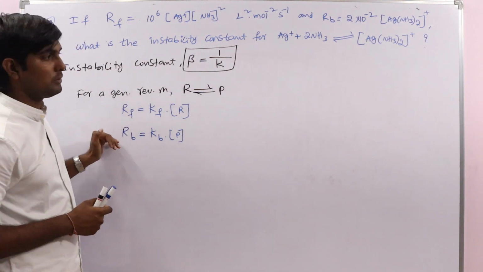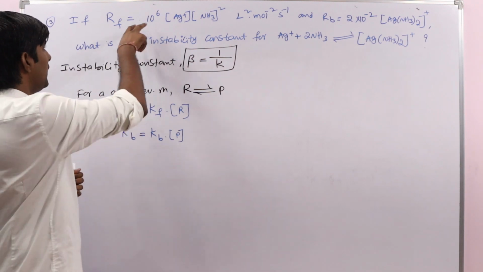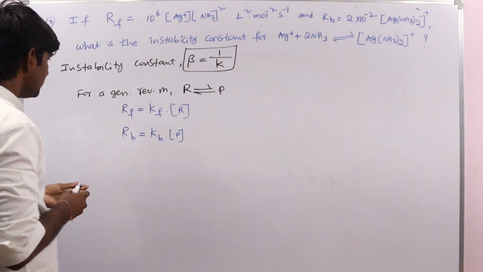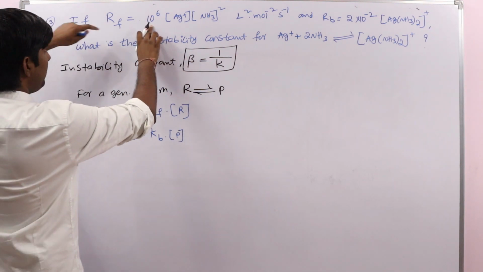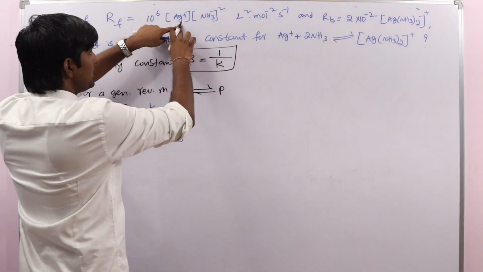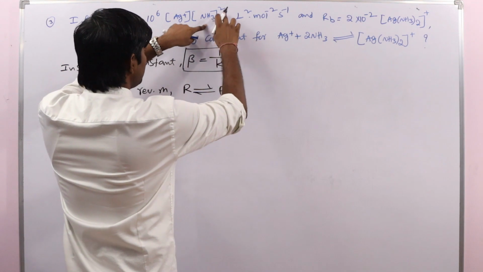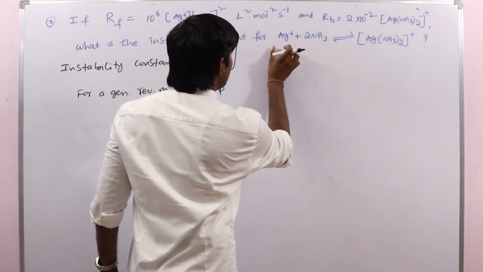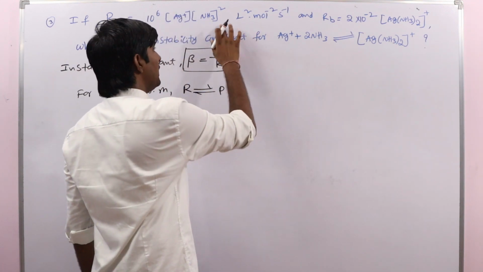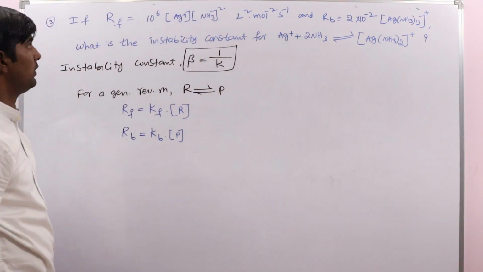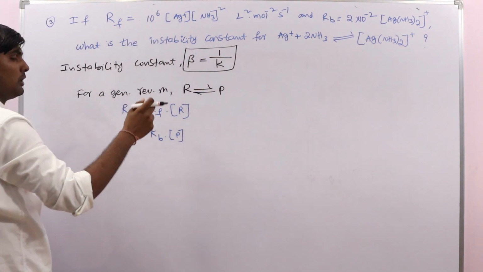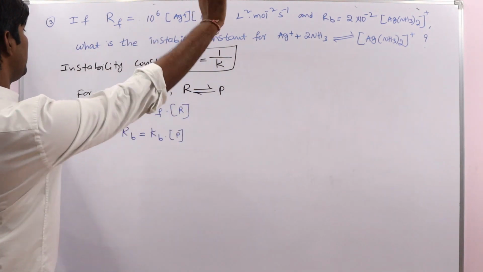So what is the meaning of this? See here, the rate of forward reaction is 10 power 6 into concentration of Ag plus into concentration of NH3 whole power 2. This 10 power 6 is nothing but the forward reaction rate constant.